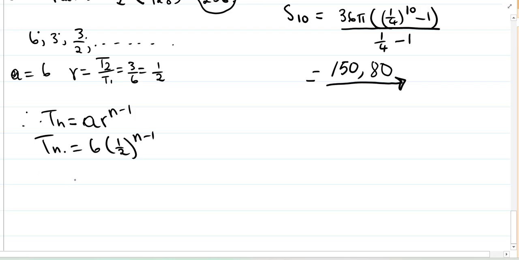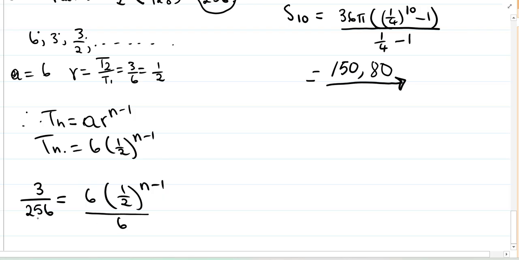So to get which circle has a radius of 3 over 256, we equate 3 over 256 to the general term. And then from here we solve for n. Now how do you get to solve for n? I divide this side by 6 and also this side by 6. 6 cancels each other out.